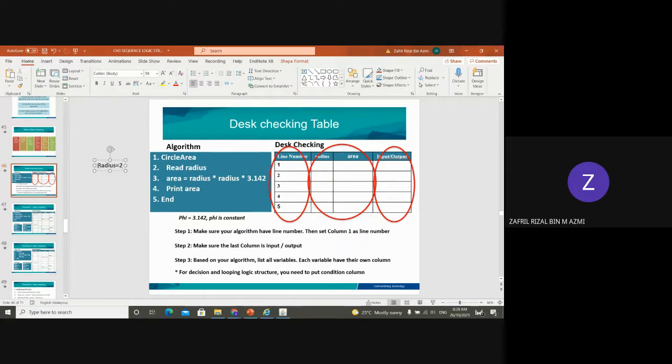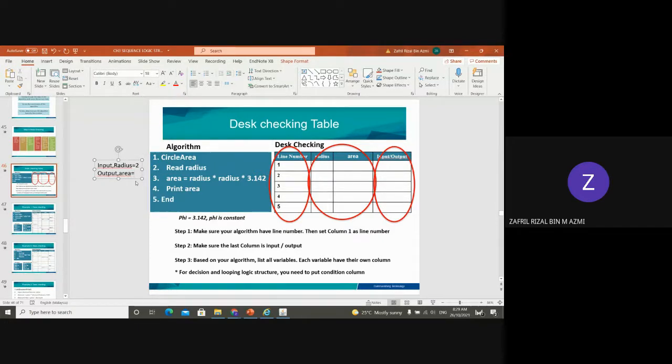So over here we get the expected result. This is the input, and then we get the expected result, which is the output. So from radius equal to 2, area equal to what? Try to calculate.